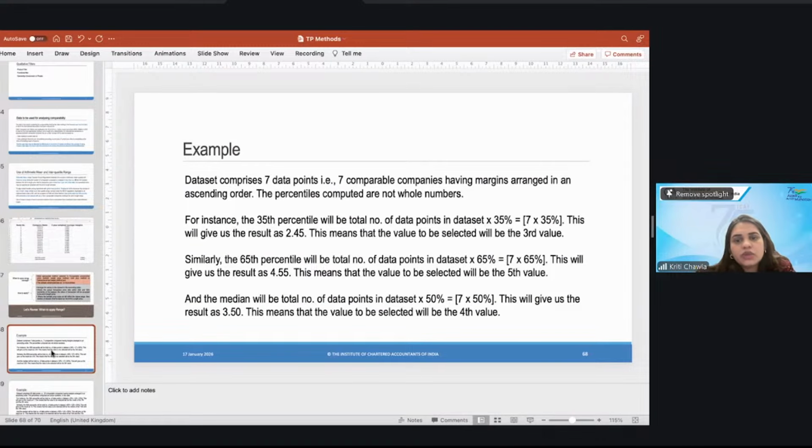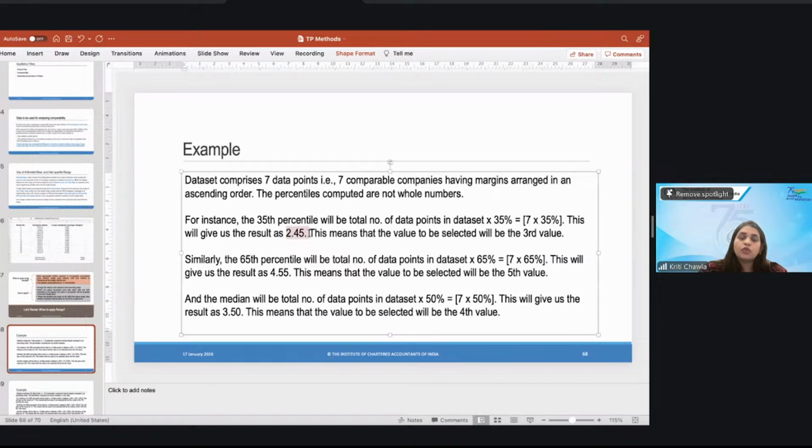After doing that, we find out that this particular thing is not a whole number. We're talking about 7 right here. So how do you compute the 35th percentile? Well, you multiply 7 by 35%. This will give you the result, which is 2.45. 2.45, you have to round off to the next value.